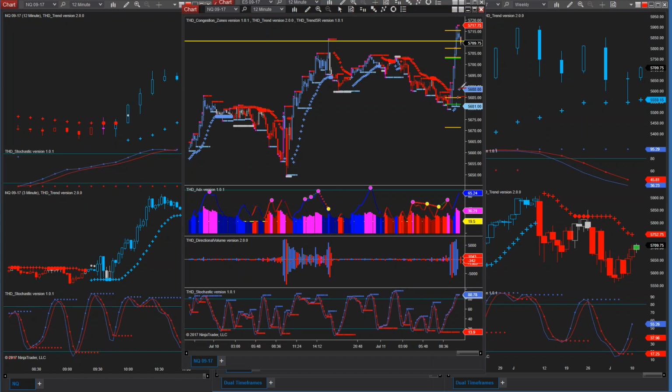In this case, you've got an ATR that is at 5688.8. Price could come straight down and hit that ATR, or it could just meander.